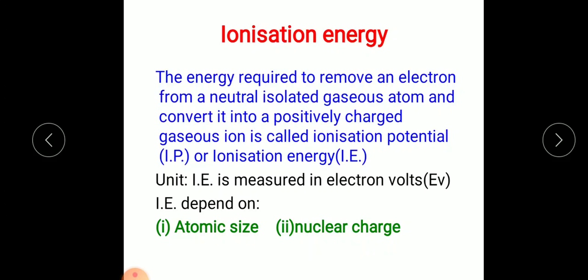Therefore, the electrons in the outermost shell are more firmly held, because of which greater energy is required to remove the electrons. So, this is how the ionization energy or ionization potential values change on the basis of atomic size and nuclear charge.